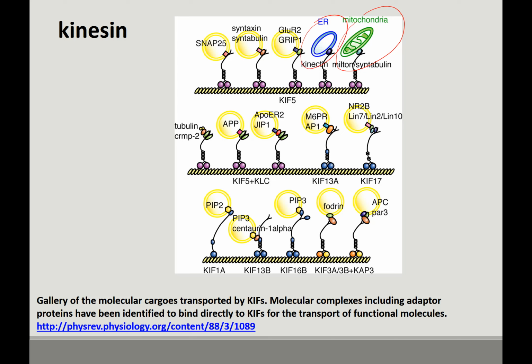Kinesin's really important in building the Golgi, so moving membranes from the ER to forming the Golgi apparatus, because remember that when things are moving from the Golgi, say, to the plasma membrane, they're taking away membranes through the vesicle formation.